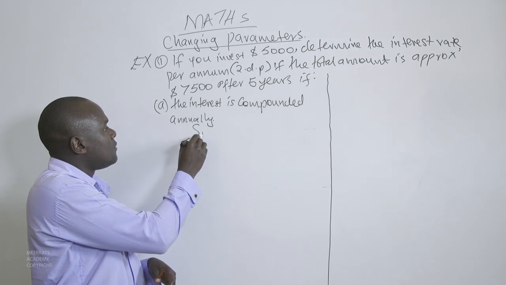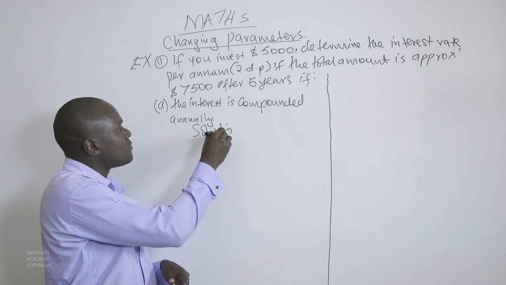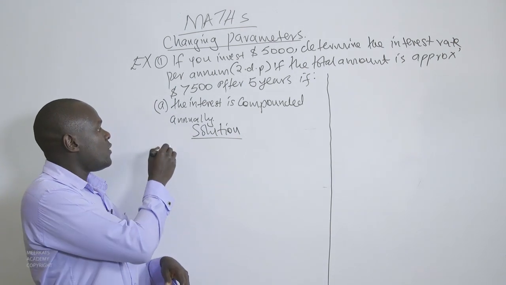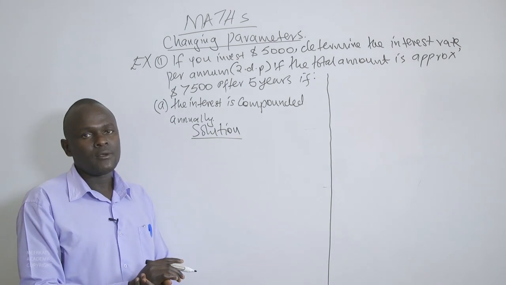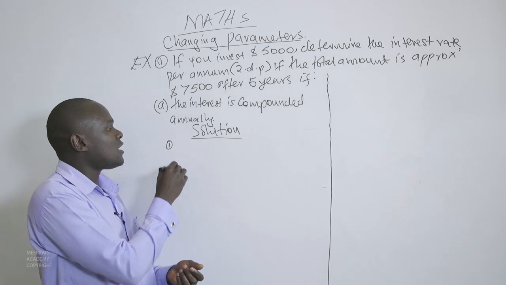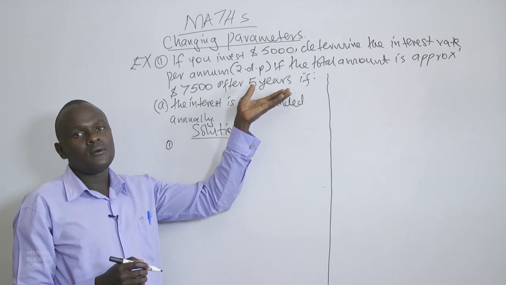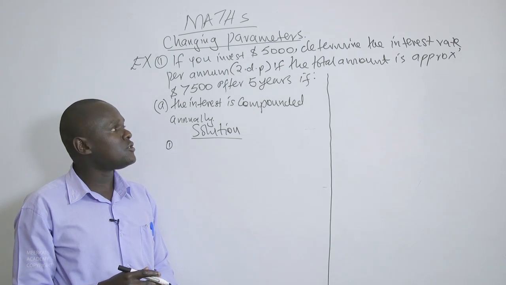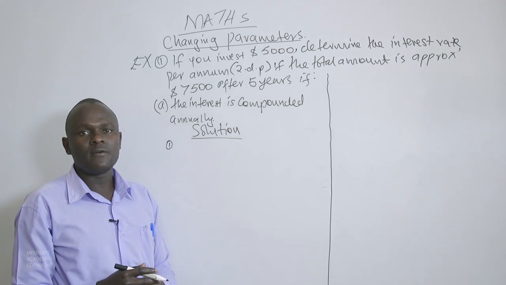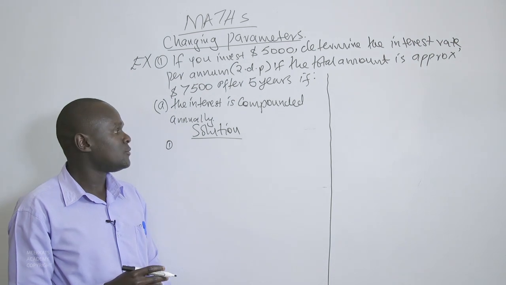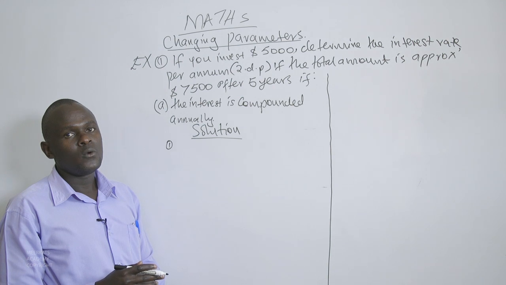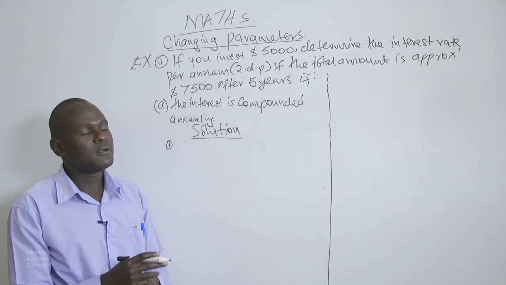And these steps start from the first one where we are supposed to list. The first step is for us to list the various parameters or constants together with the values assigned to them. So when we look at the question, we are given several parameters.